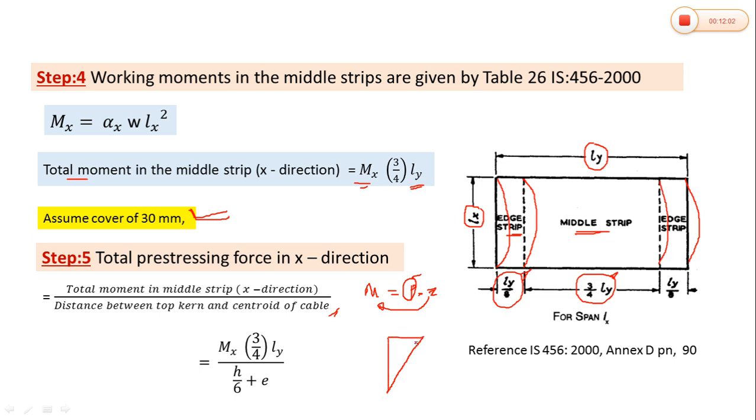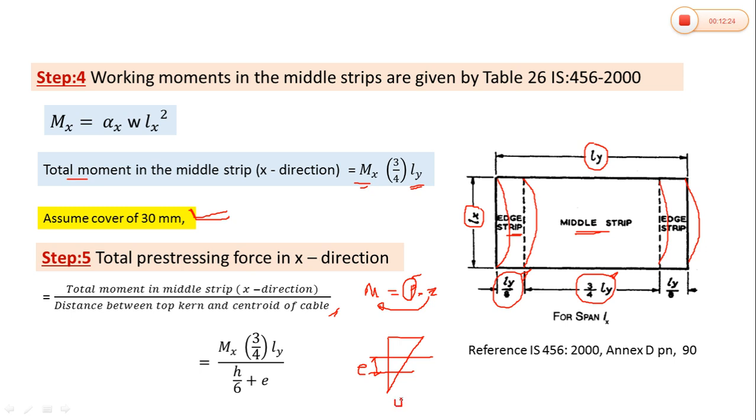From the stress diagram, suppose in the bottom zone we provide the tendons with eccentricity e, and this is the final stage stress diagram, or the service stage stress diagram.